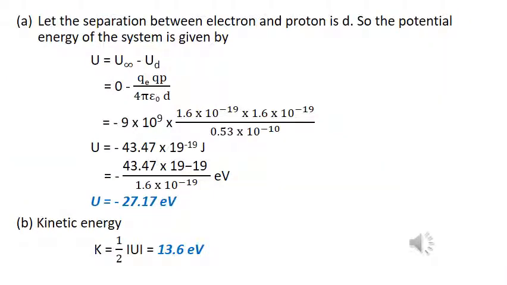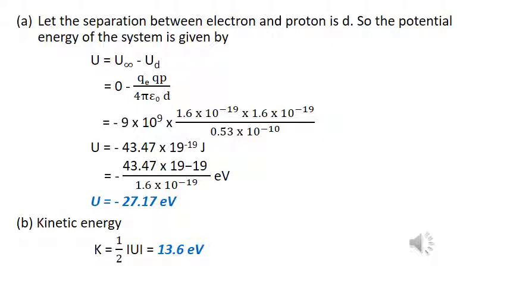In part A, let the separation between the electron and proton be d. So we can write the potential energy of the system is U infinity minus U d. As it is given in part A that potential energy U infinity is equal to 0, by putting the value of U d here, we get U is equal to minus 43.47 into 10 to the power minus 19 joule after putting and solving all the values.